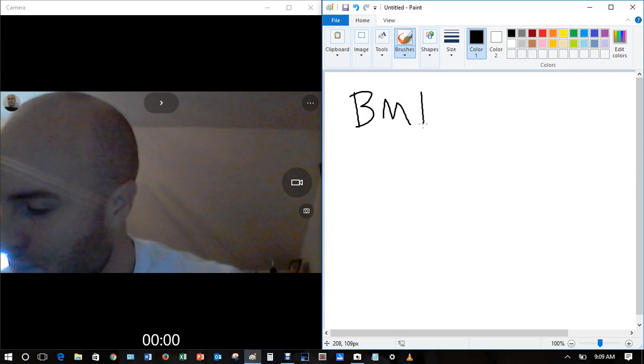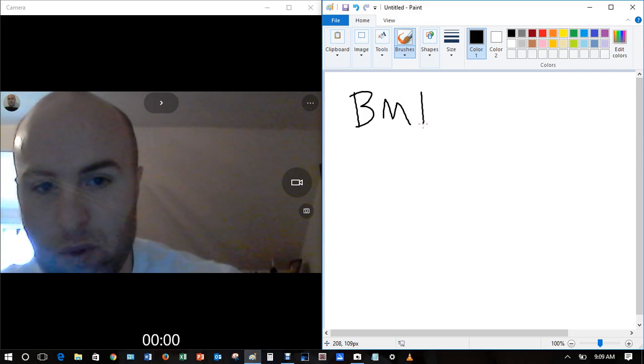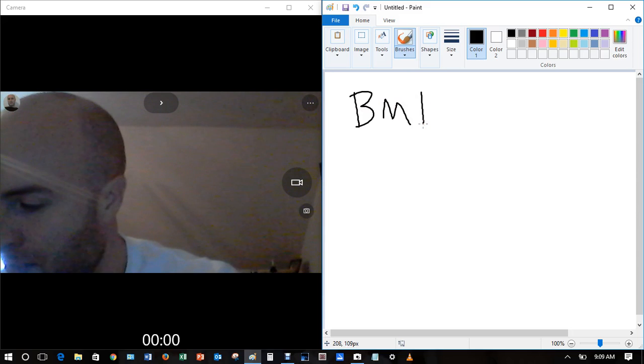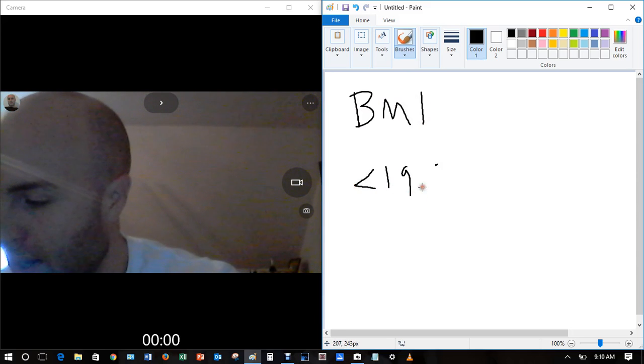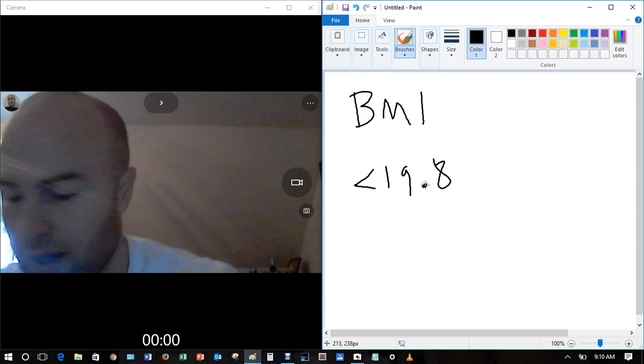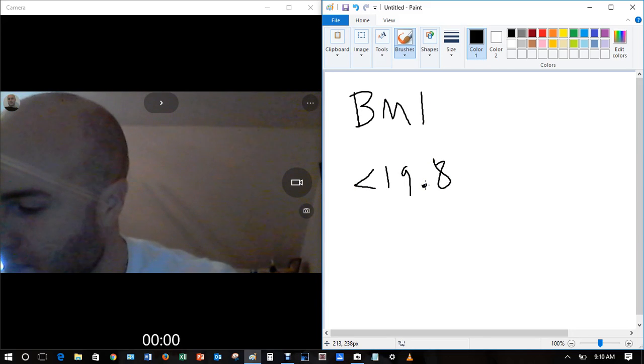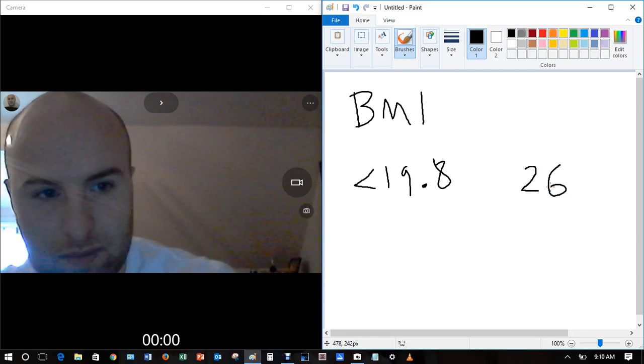A BMI that's considered underweight, so I'll put the lower range right here, is a BMI of less than 19.8. It says 12 to 18 kilograms. Acceptable is going to be 19, and this goes up to 26. Greater than 26.